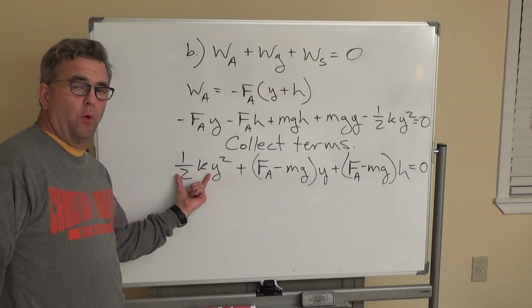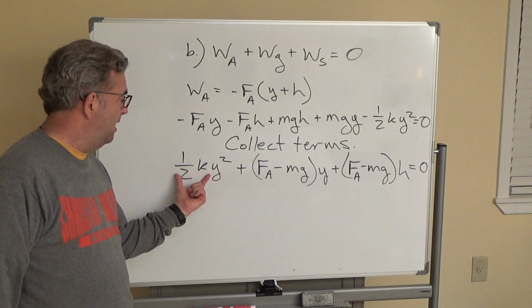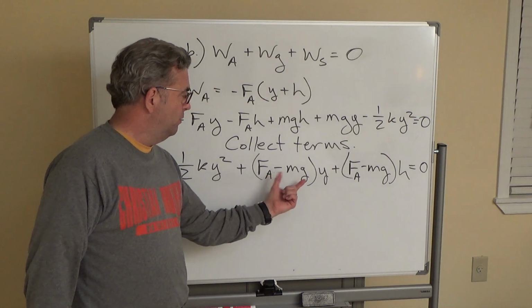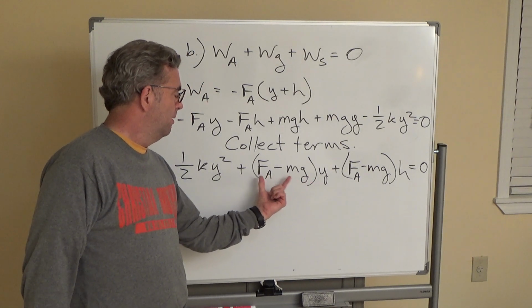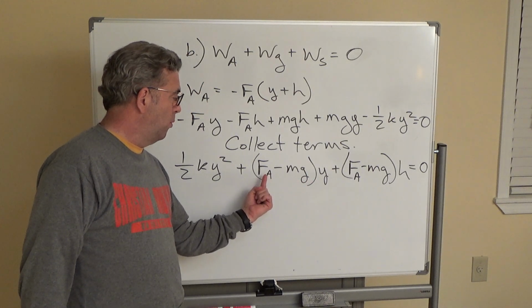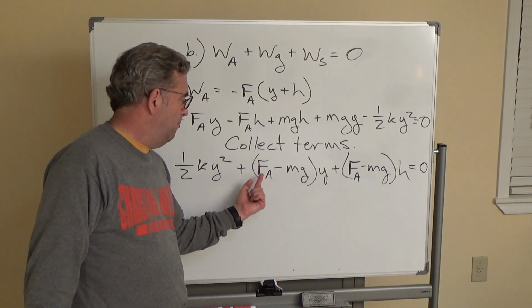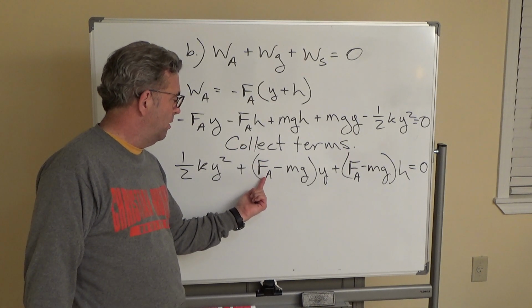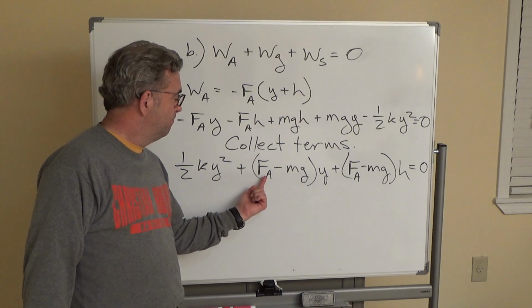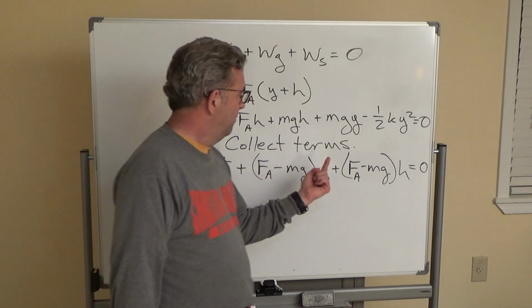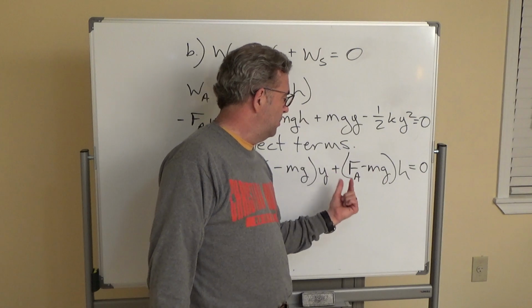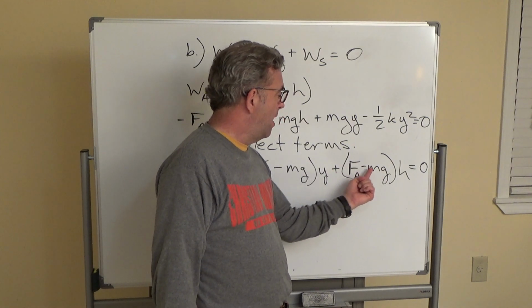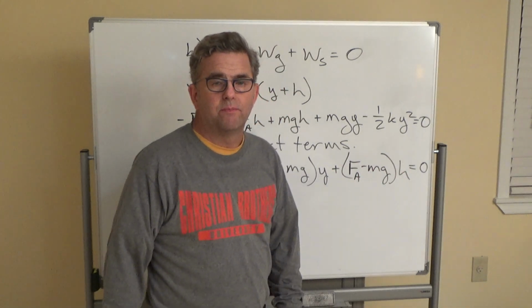The coefficient for the squared term remains the same. The coefficient for the linear term becomes that drag force or resistive force, air force, minus mg, and then for the constant term you have Fa minus mg times h.